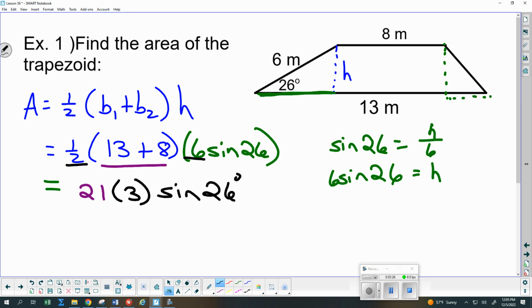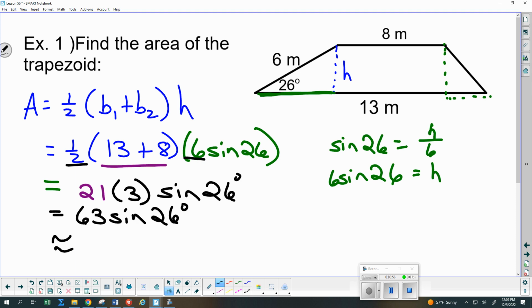You could type it in as a half parentheses 13 plus 8 times 6 sine 26, or you could type it in as a half times 21 times 6 times sine 26, or you could type 63 sine 26, and you should get the same thing no matter which way you do this. I want to see hands going up when you have an answer for me for what the area of this trapezoid would be.